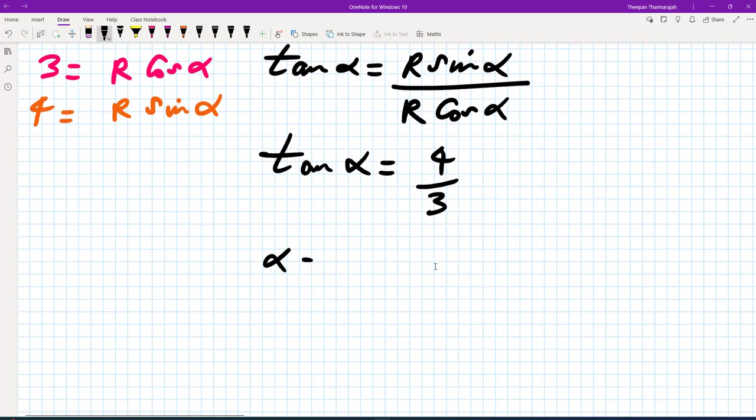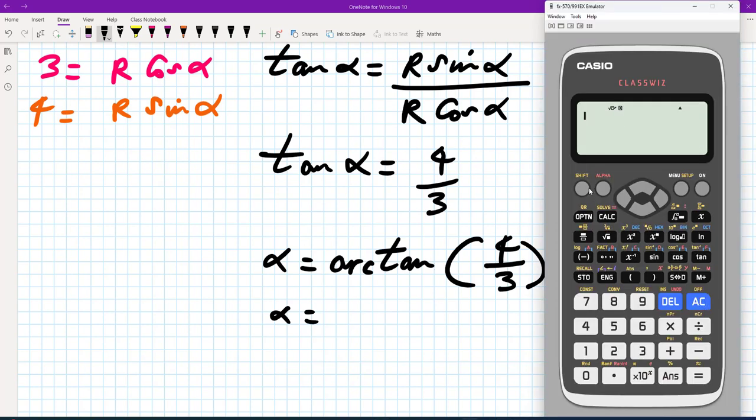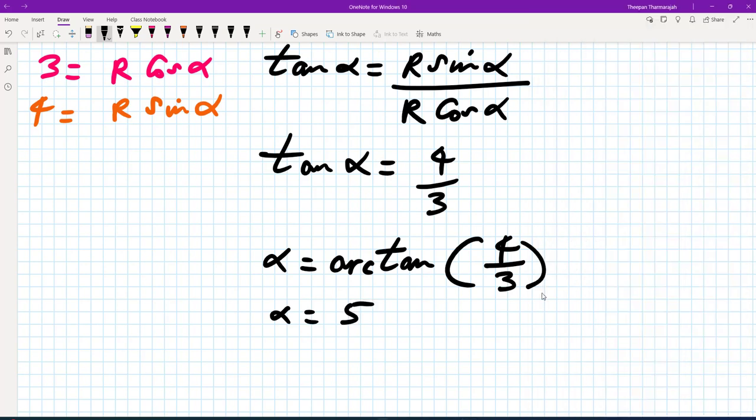So alpha is arctan 4 over 3. We can arctan that now. That gives me 53.1 degrees.